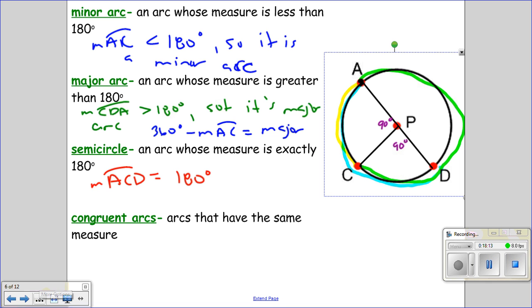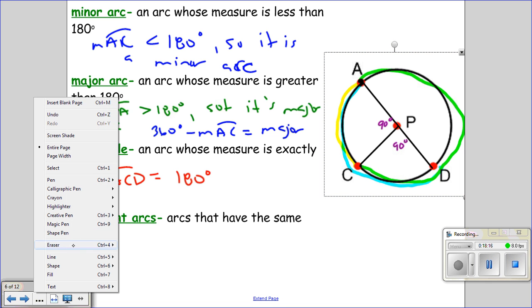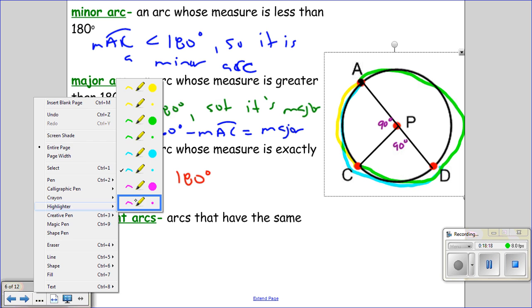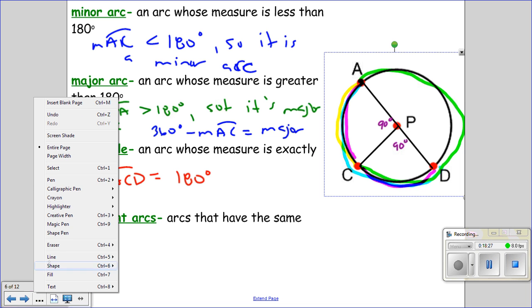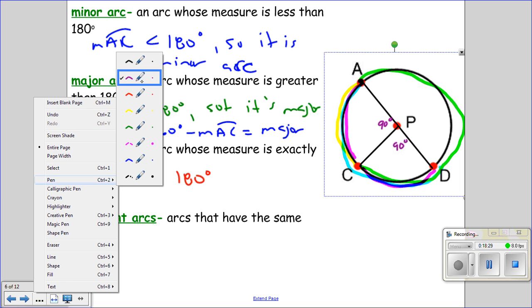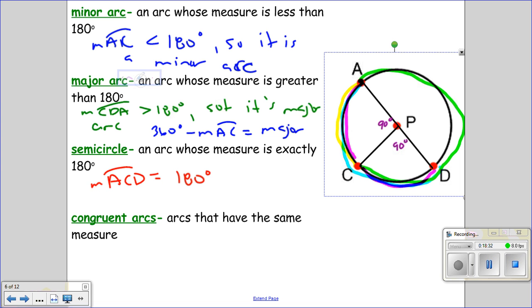So that means arc AC is congruent to arc CD. Again, the measure of angle APC is equal to the measure of angle DPC.